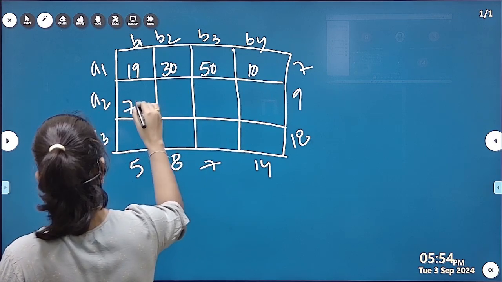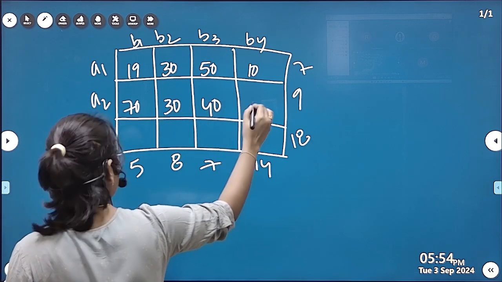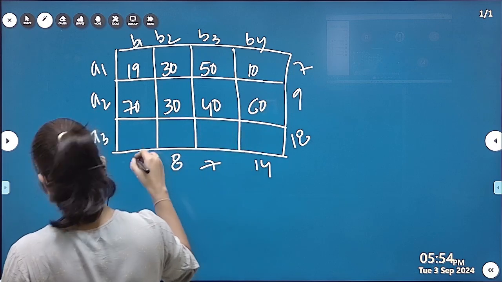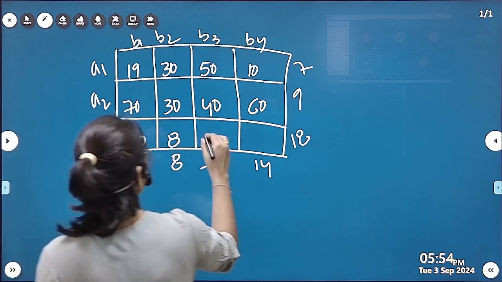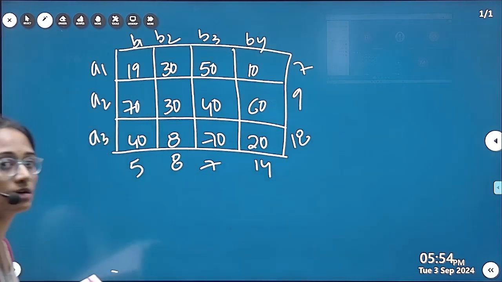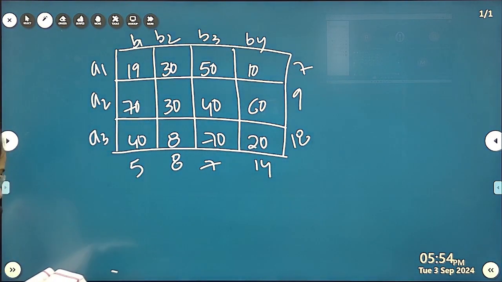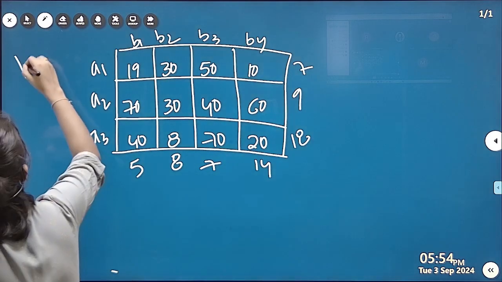Next 70, 30, 40, 60. Everyone copying with me or not? Yes मैम. Okay. Copied. So this is also the least cost method.